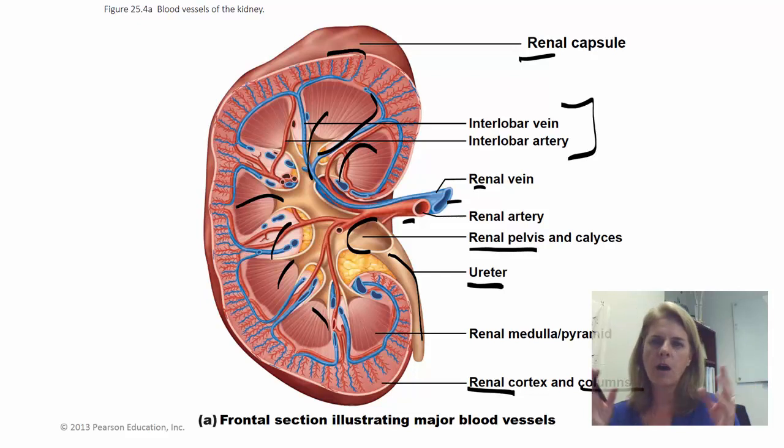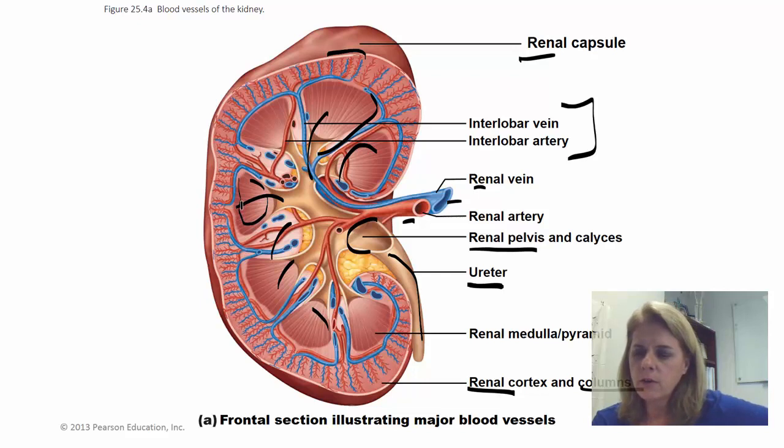What happens is smaller and smaller cups are going to drain to this portion of the kidney, the renal pelvis. If you look at this renal pyramid, the urine flow is going to go like that, and it's going to drain into this little cup, and that's called a minor calyx.